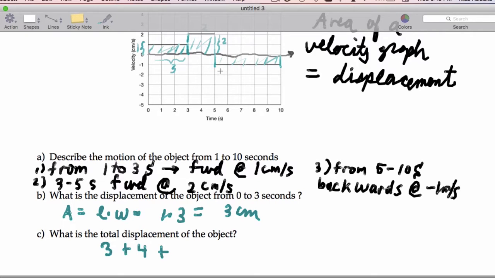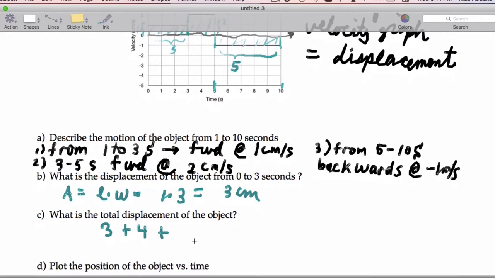And if I look at this width, careful, the width goes from 5 to 10. So that gives me a width of 5, okay? From 5 to 10. So that's a width of 5, and I times it by -1 since that's downwards.